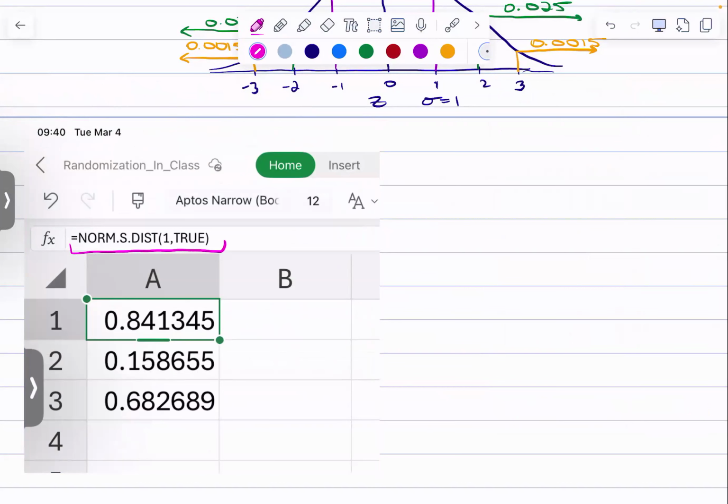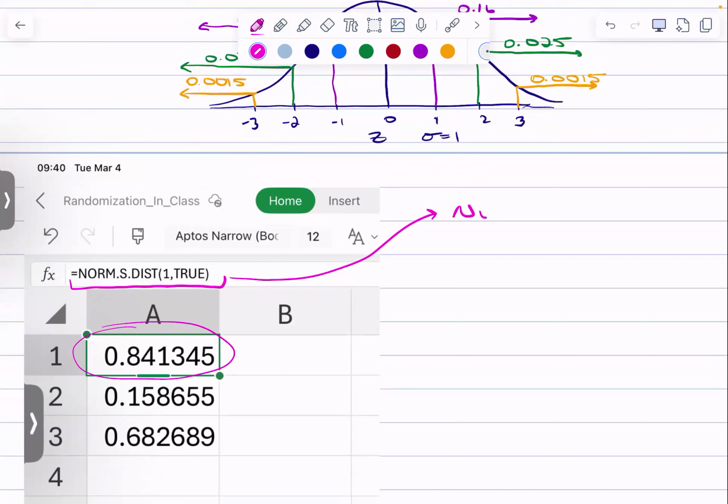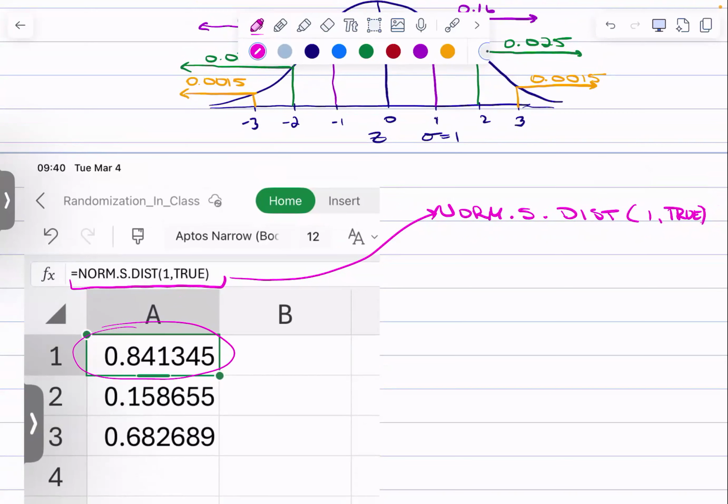This is referring to this cell, of course, because it's highlighted. And we're going to look at this NORM.S.DIST of 1 and TRUE. Need to give myself just a little bit of room.